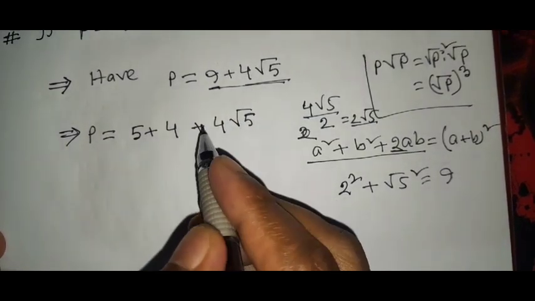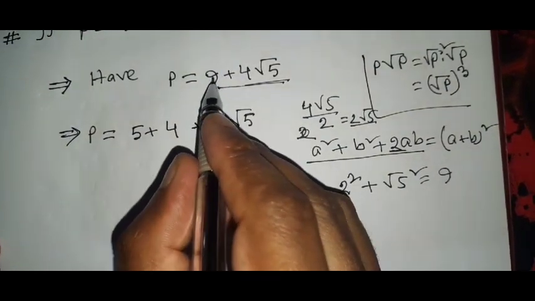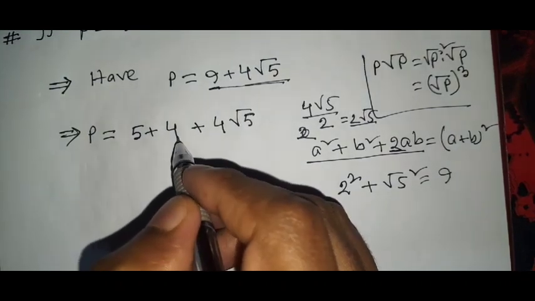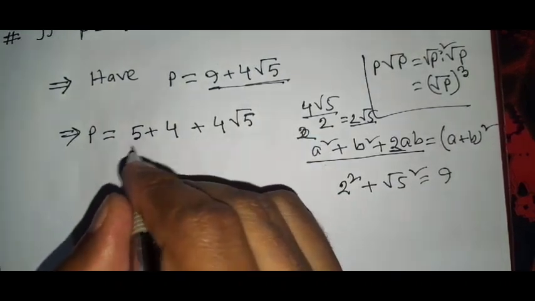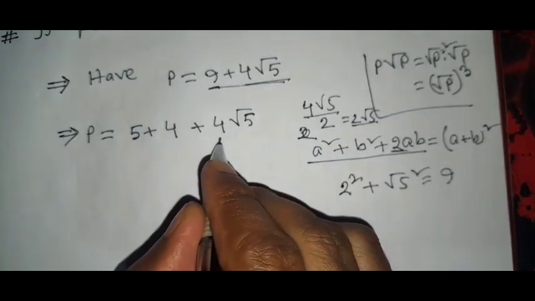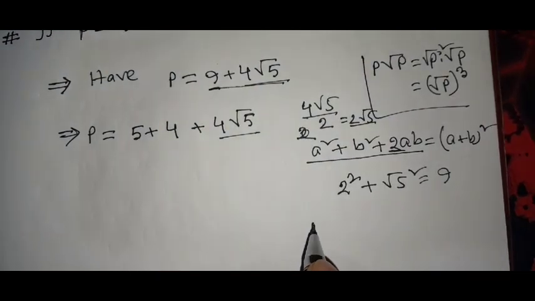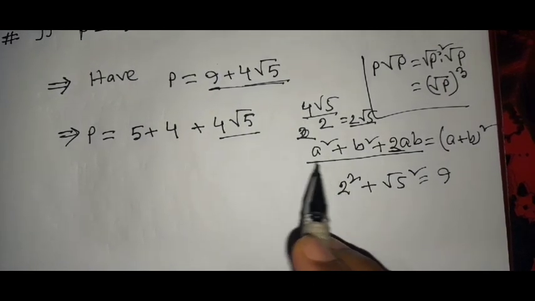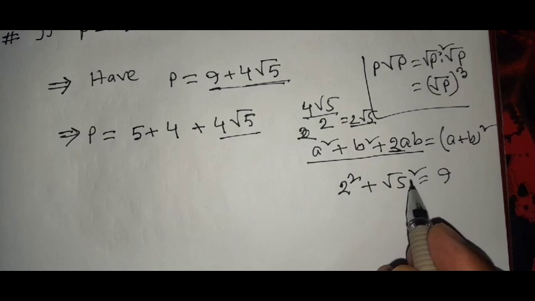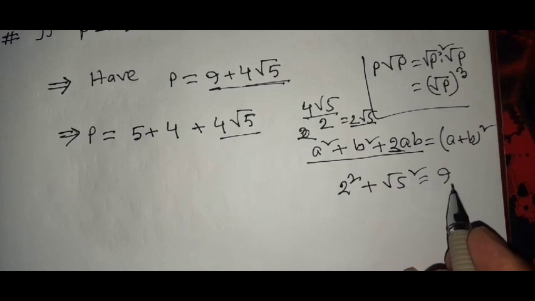Here we factorize, and we can write 9 as 5 plus 4, and write it according to that. Here is 4 root 5, so we factorize: 2 square plus root 5 square is equal to 9.